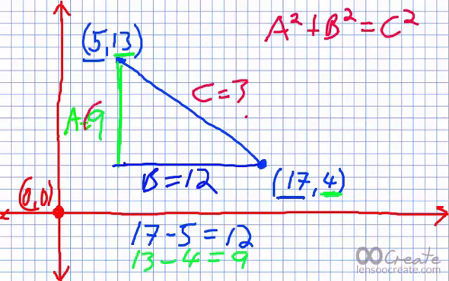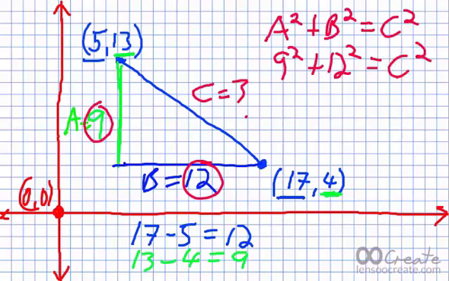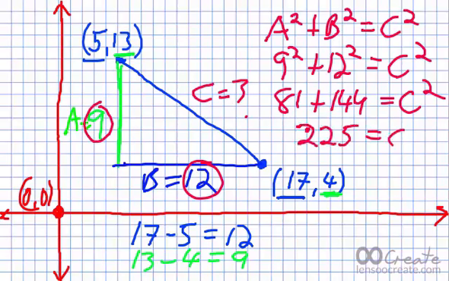So I plug in my 9, I plug in my 12, and I can find out what c is. 81 plus 144 equals c squared. So I add these together and I get 225 equals c squared. So 15 equals c.